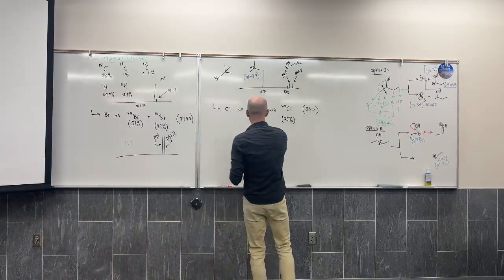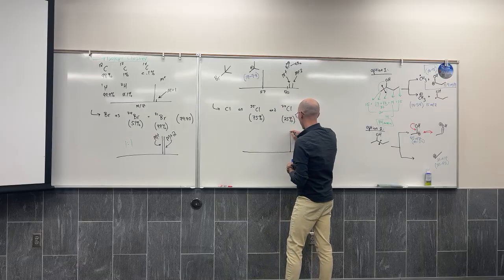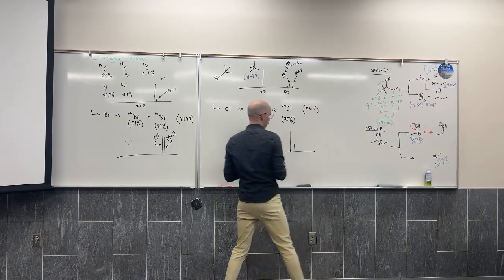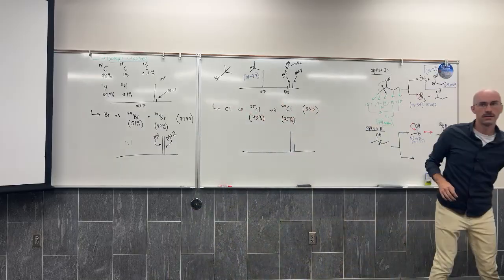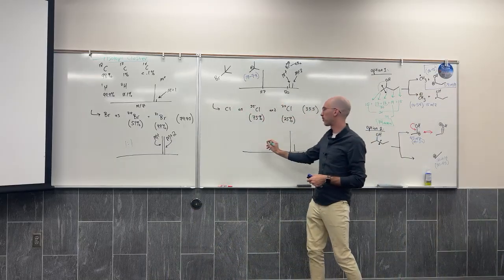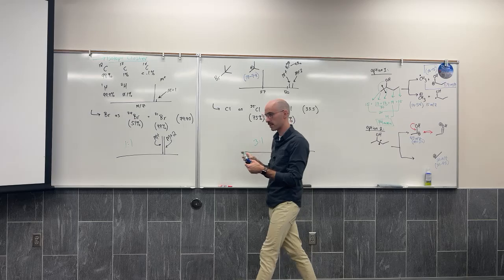The cluster that we get from chlorine is a 3-to-1 isotopic cluster. One of them is present 3 times as often.